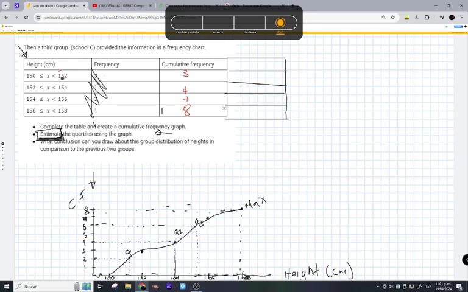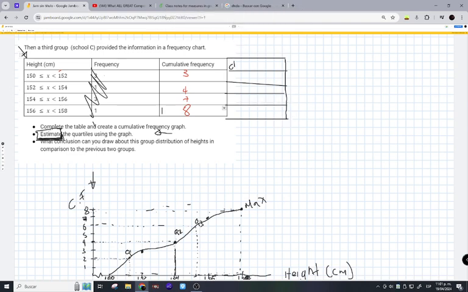Sorry for this mess. Class mark. Okay, so remember, the intervals are the classes, and the class mark is exactly in the middle of these two values. So, how do we calculate the class mark of this one? 150 plus 152 over 2, which is exactly 151. This number is going to represent this class.